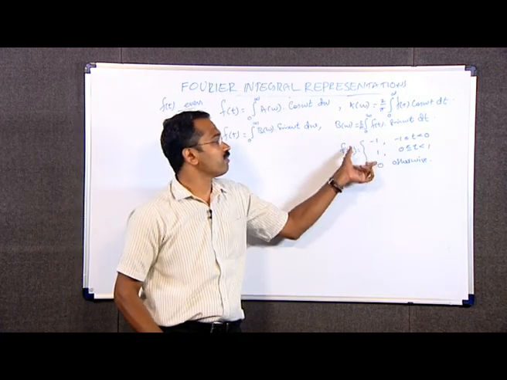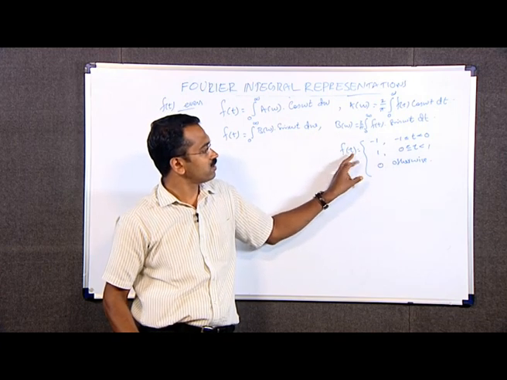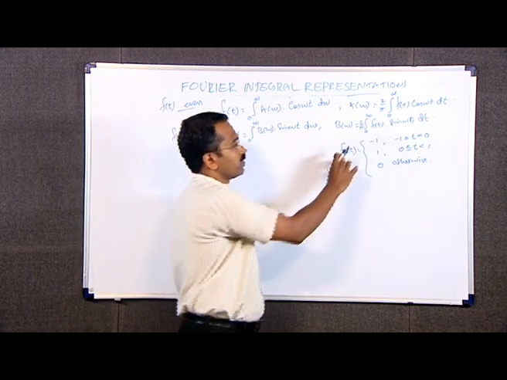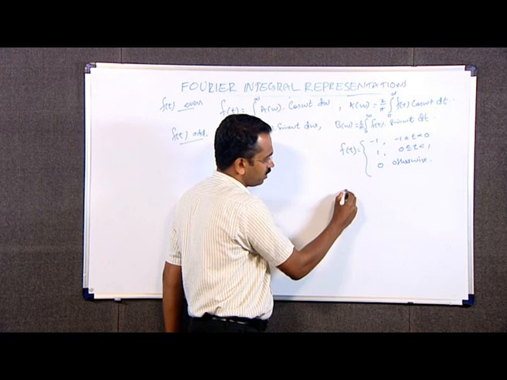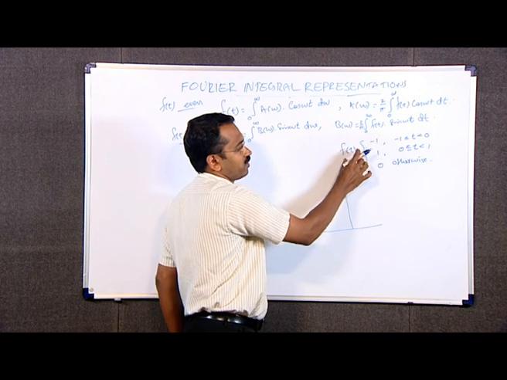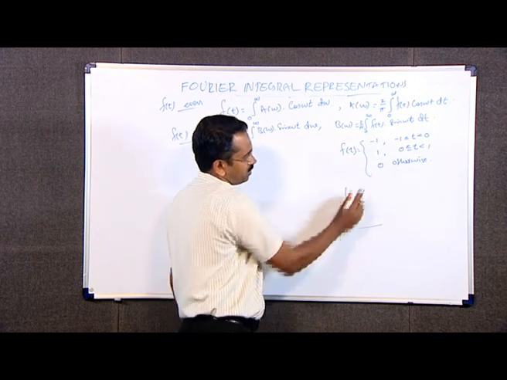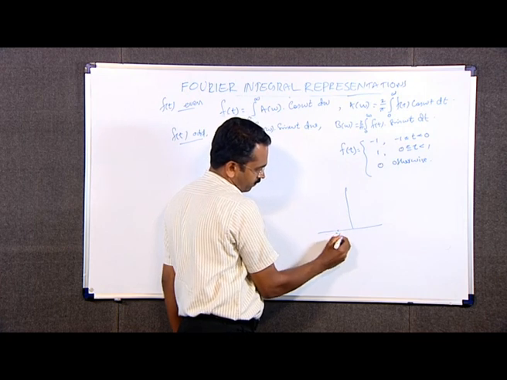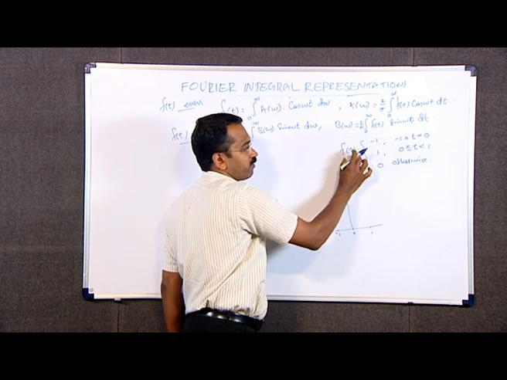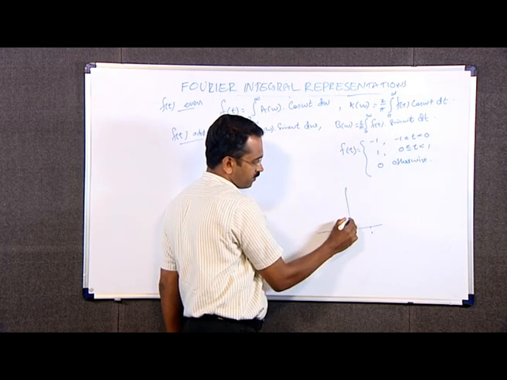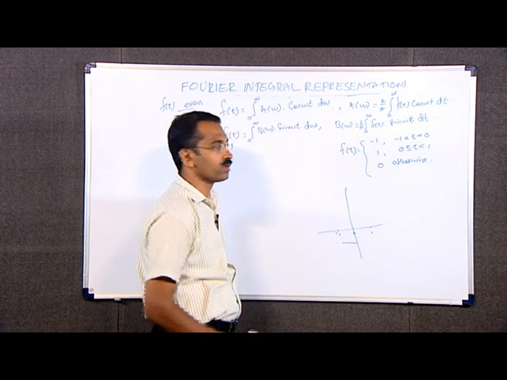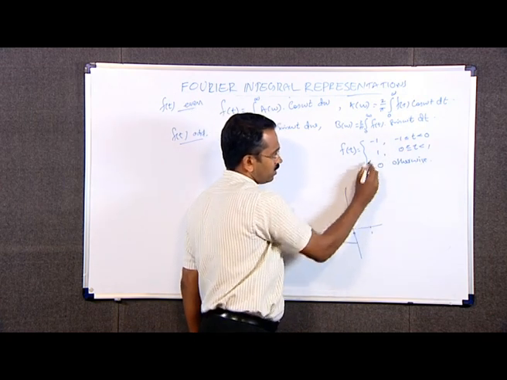Here we can verify whether this function is an odd function or an even function. Clearly, this function is an odd function because the graph of the given function is like this. From minus 1 to 0, the function is minus 1, and from 0 to 1 it is 1.